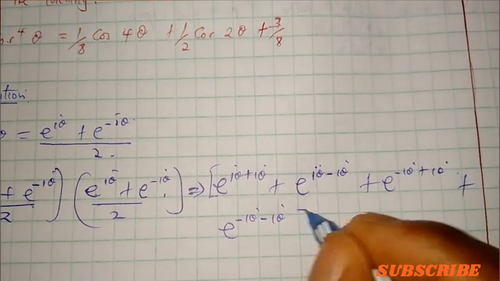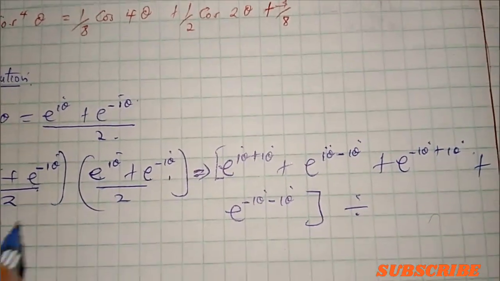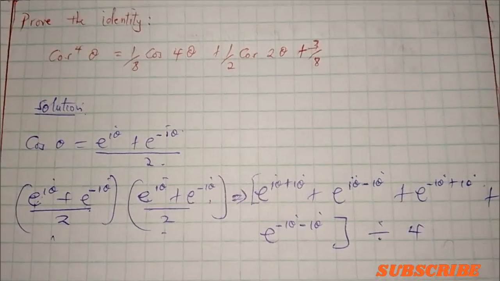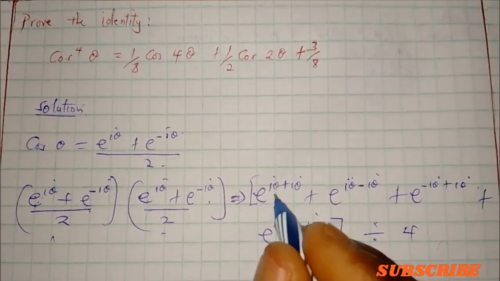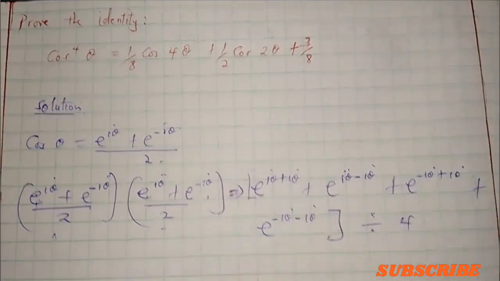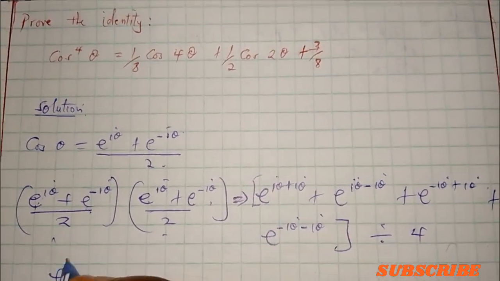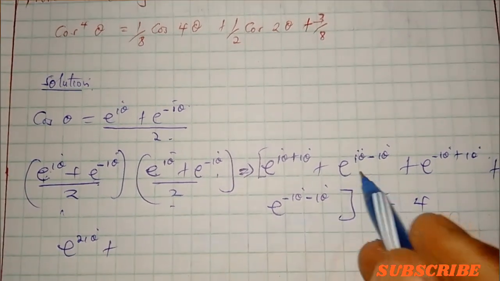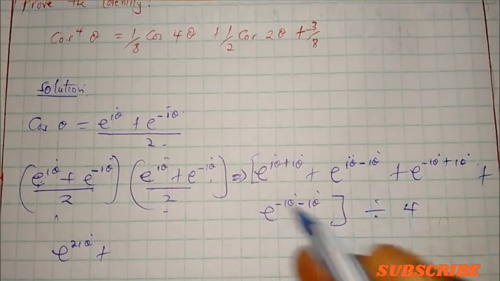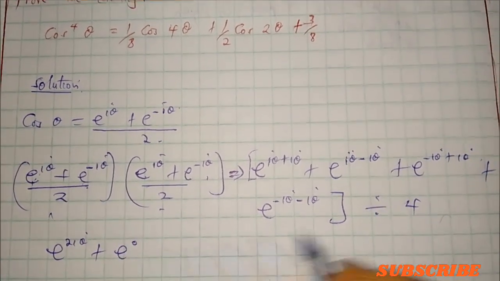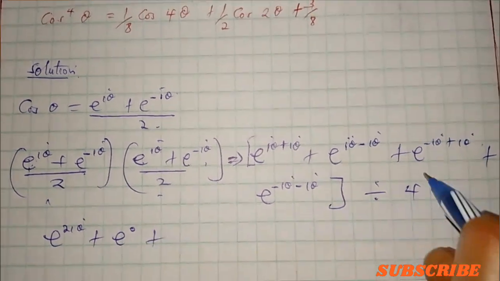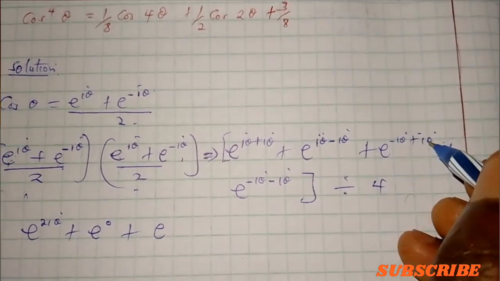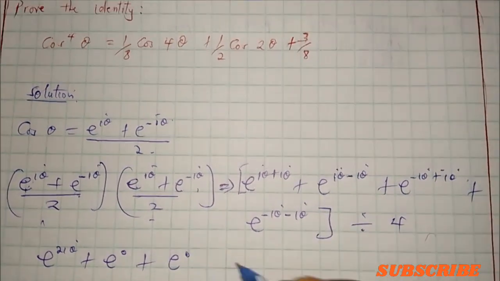The whole of this we divide by 2 times 2, which is 4. So we simplify. i theta plus i theta gives e raised to the power 2i theta. Plus i theta minus i theta is 0. Plus e to the power negative i theta plus i theta, it is 0.